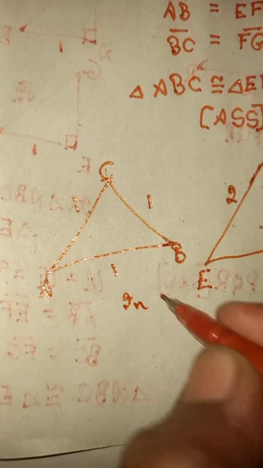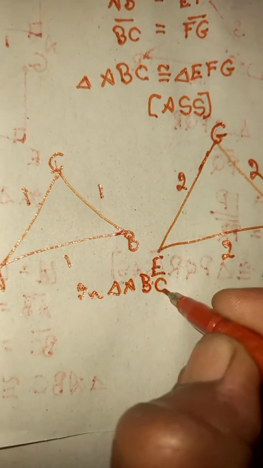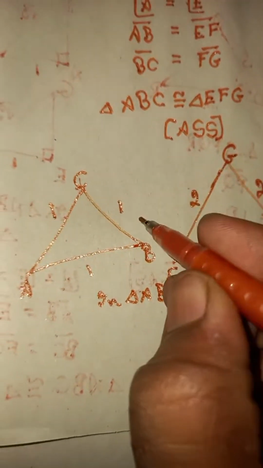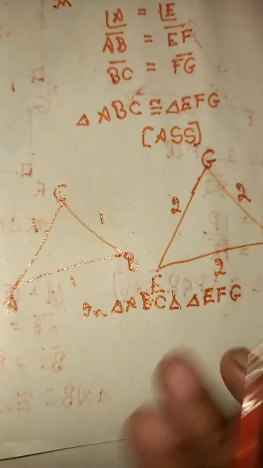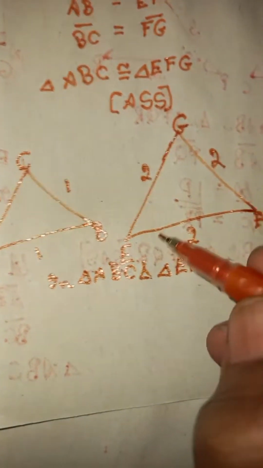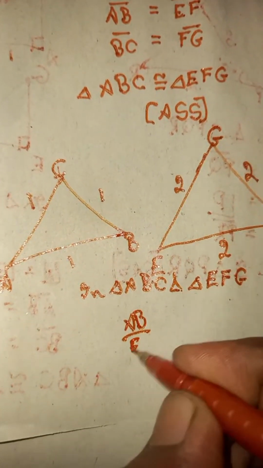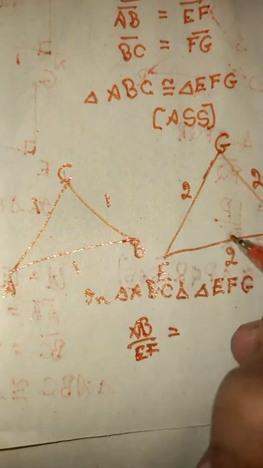Let's take triangle ABC and triangle EFG. Similarity means they have the same shape, which means the sides must be in exact proportion. If you take AB by EF, it becomes 1 by 2.